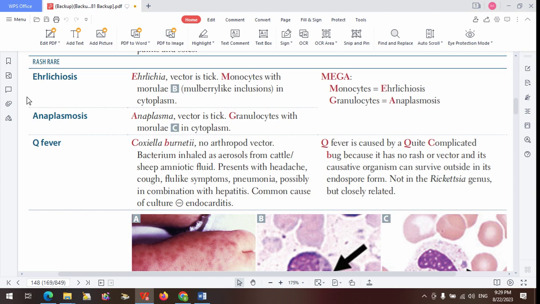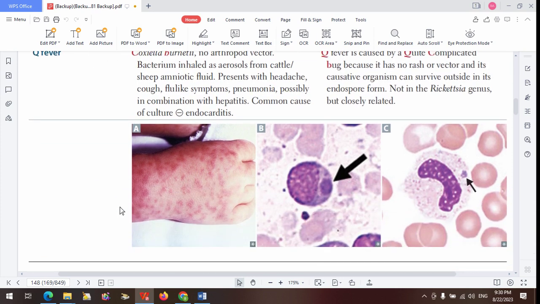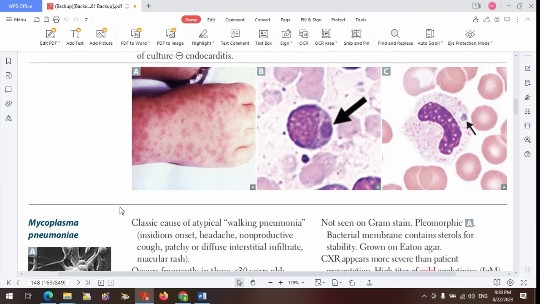By the time we take a portion of the abscess in the lung or the heart and we want to culture it, it will not grow anything. It will be negative because Coxiella burnetii doesn't grow on normal culture media. So I think that's that about Q fever: the aerosols from the cattle and sheep amniotic fluid, the fact that it can cause lung and liver pathology predominantly, and in some situations, culture negative endocarditis.